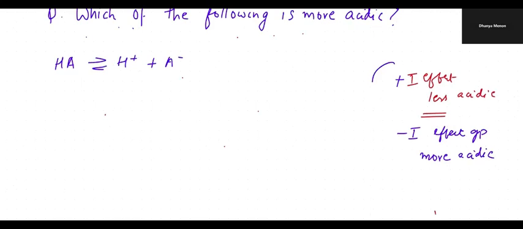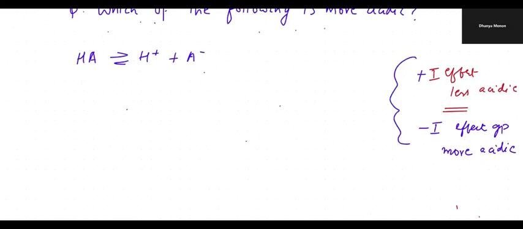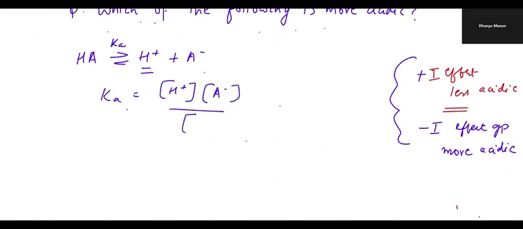Now, acidity means any substance that releases H plus ions in aqueous solution. The acidity constant Ka is given by the concentration of H plus ion, A minus ion, and HA. Now you can see this Ka is directly proportional to the concentration of H plus. More H plus ion means more value of Ka, so acidity is more.